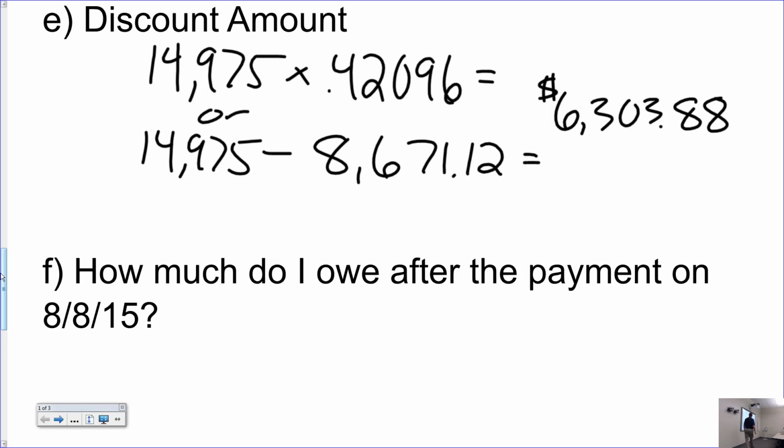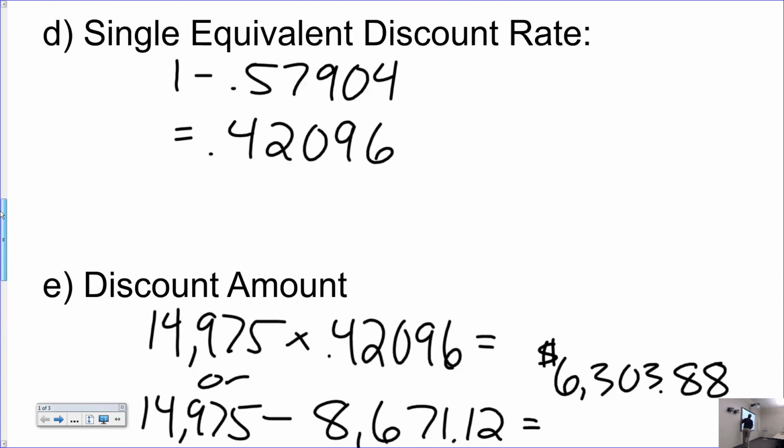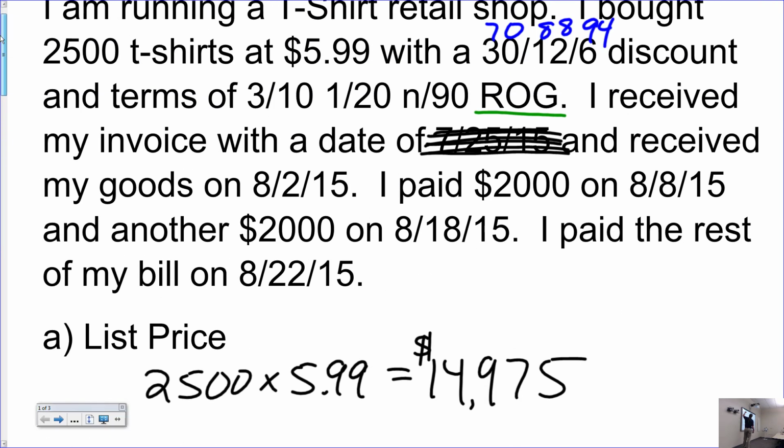All right, so note, again, now we're going to start making payments. So we make this first payment on August 8th, 2015. First off, is that $2,000 a full payment? No. Therefore, what kind of a payment is it?